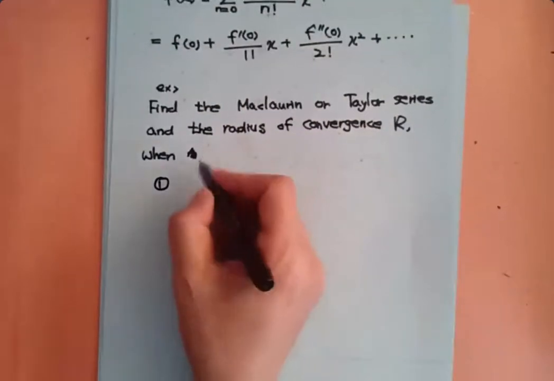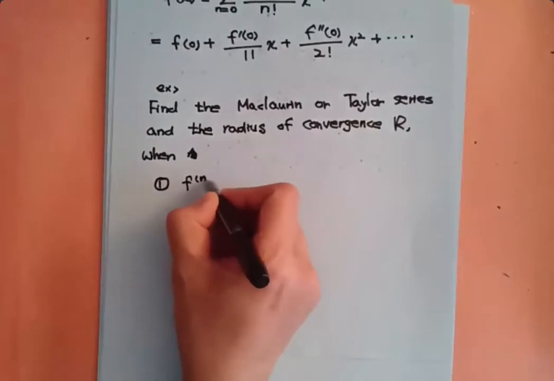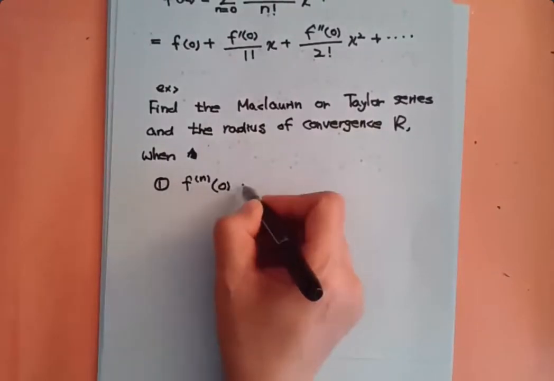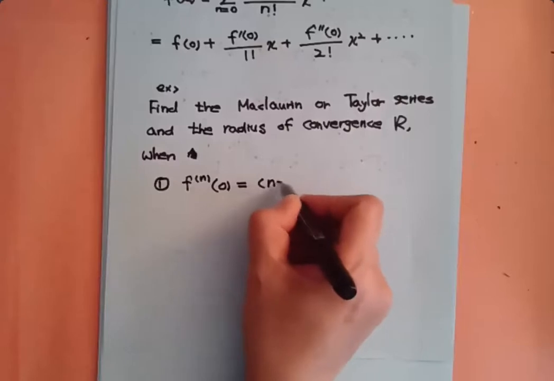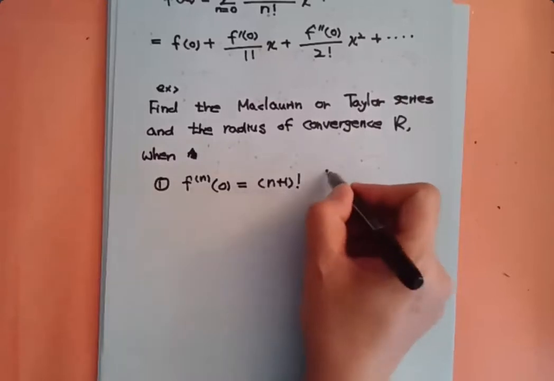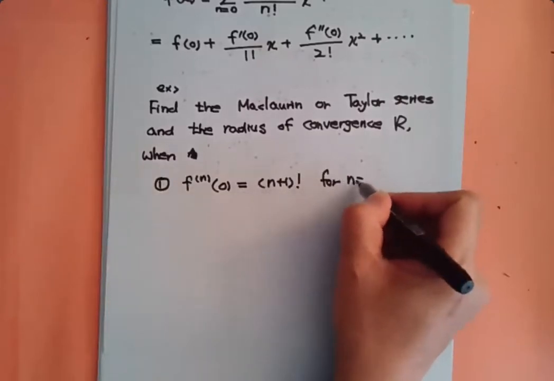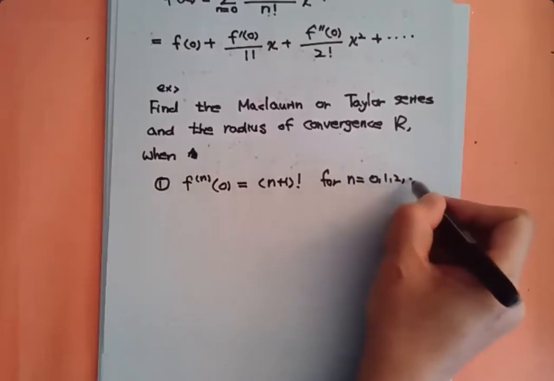So the nth derivative of f at 0 is (n plus 1) factorial for n equals 0, 1, 2, and so on.